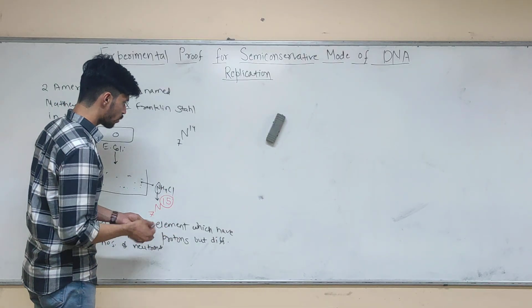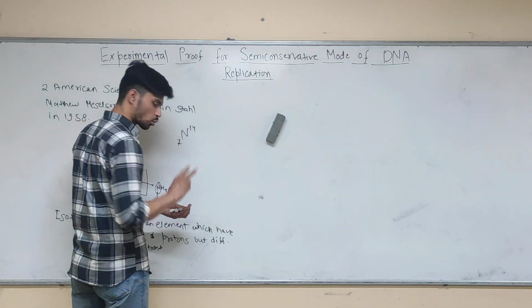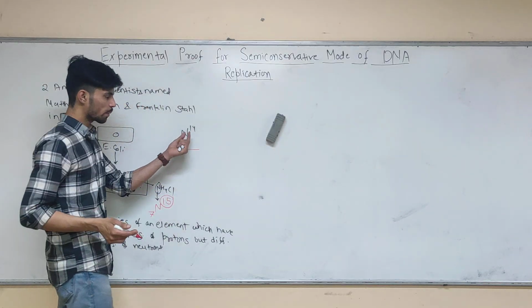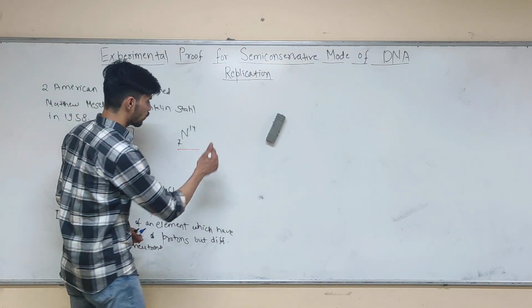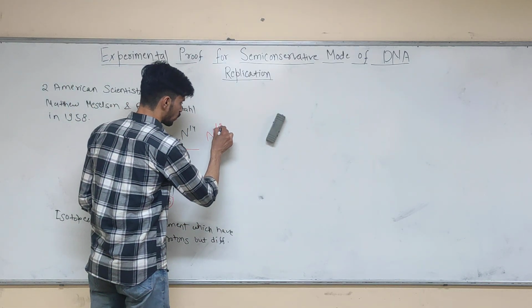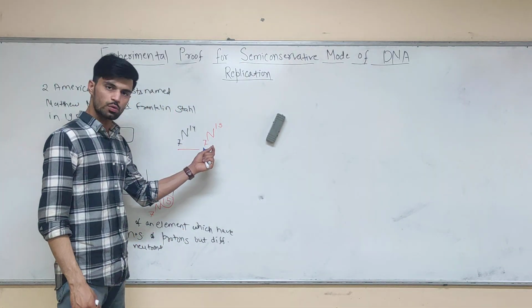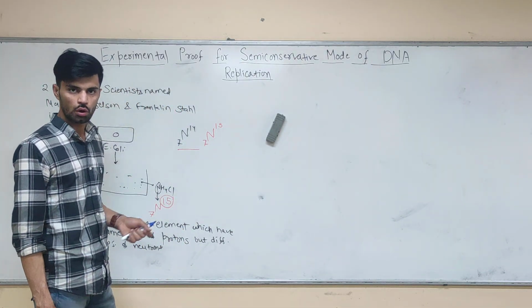So if we talk about nitrogen, it has two isotopes: one which has the atomic mass of 14 and one which has the atomic mass of 15, with atomic number 7, which was used by Matthew Meselson and Franklin Stahl.